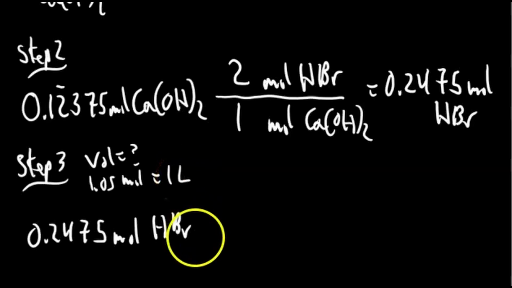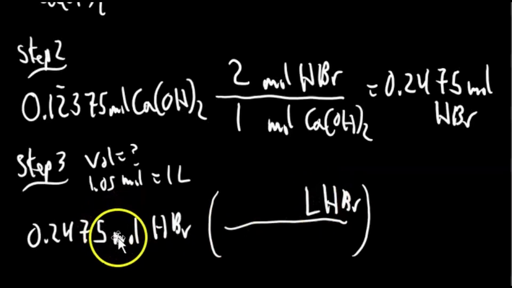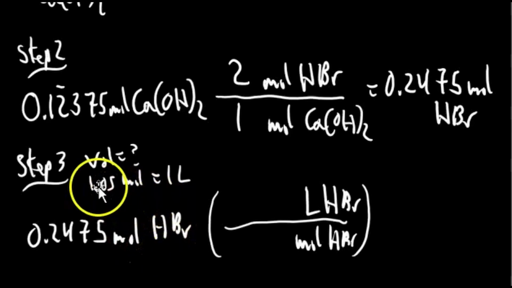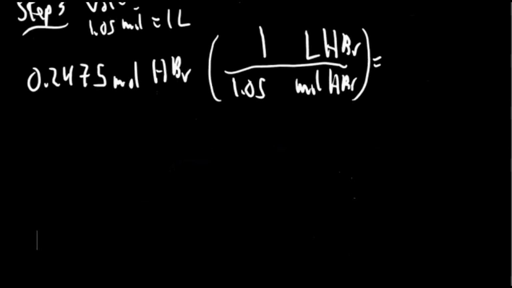We want volume in the numerator, liters of HBr, and we want to cancel out the unit moles, so we need moles of HBr down here. This is our conversion between liters and moles with the concentration: in 1 liter, there are 1.05 moles of HBr.